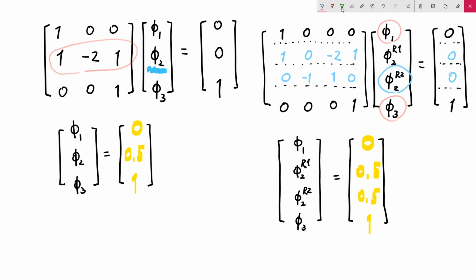You can easily understand there will be no difference at all. Simply speaking, selecting phi 2 for R1 or phi 2 for R2 doesn't make any difference. However, it's a little bit annoying that we allow arbitrariness in our implementation.